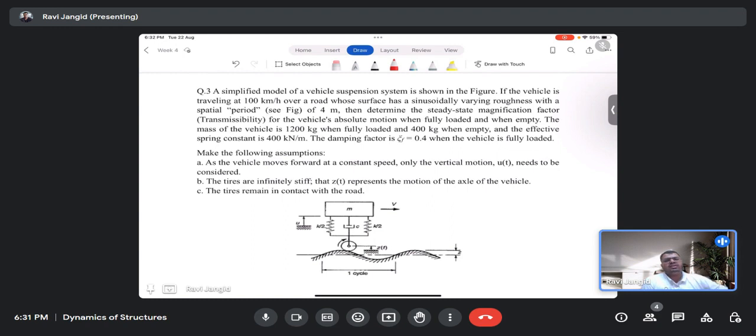We have some assumptions here: the vehicle moves forward at a constant speed, so only the vehicle vertical motion is taken into the picture, and the tires are stiff, so the stiffness of the tires can be ignored, because the tire itself has some stiffness, but we consider it stiff, and the tire remains in contact with the road. Okay, did you understand the question?